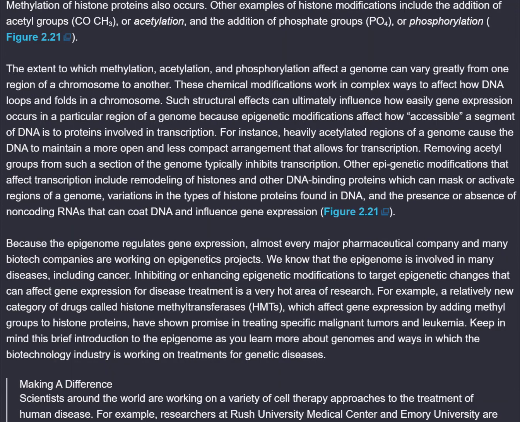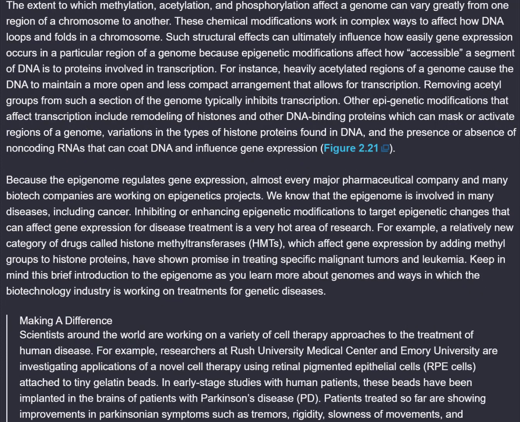Methylation of histone proteins also occurs. Other examples of histone modifications include the addition of acetyl groups, COCH3, or acetylation, and the addition of phosphate groups, PO4, or phosphorylation, Figure 2.21.